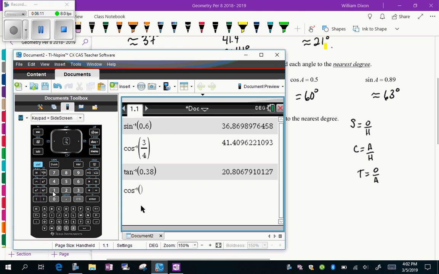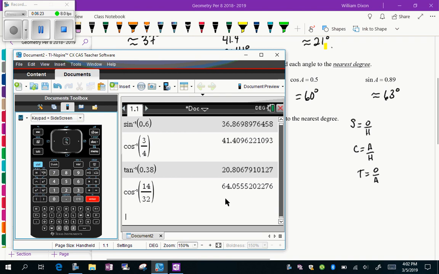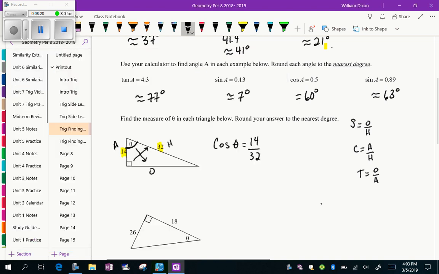It's going to be 14 divided by 32, close parentheses, enter, and I get 64.05. It says my answer needs to be to the nearest degree, so it's going to be approximately 64 degrees.